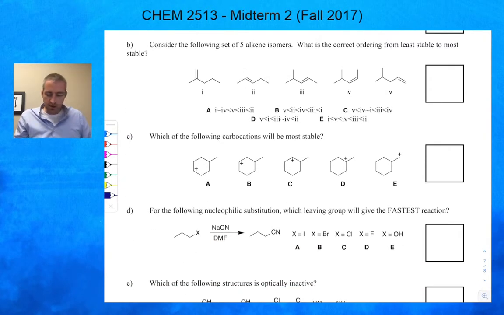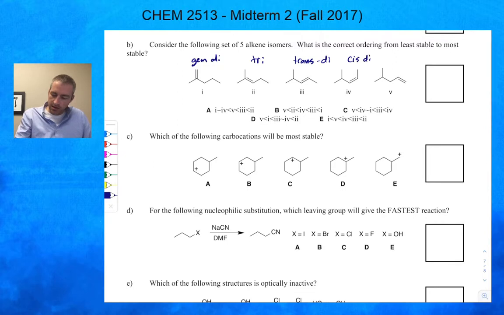5B. Consider the following set of 5 alkene isomers. What's the correct ordering from most stable to least stable? So this is based on degree of substitution. This one is gem di. This one is tri. This one is trans di. This one is cis di. And this one is mono.